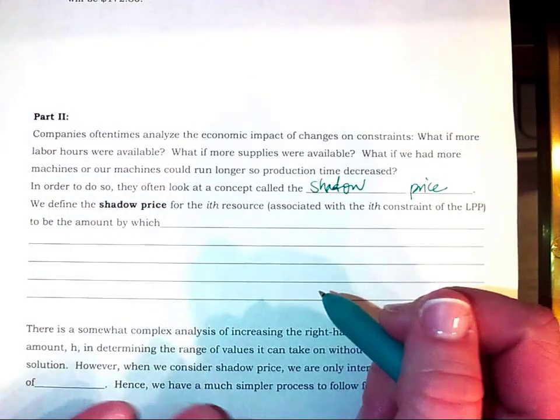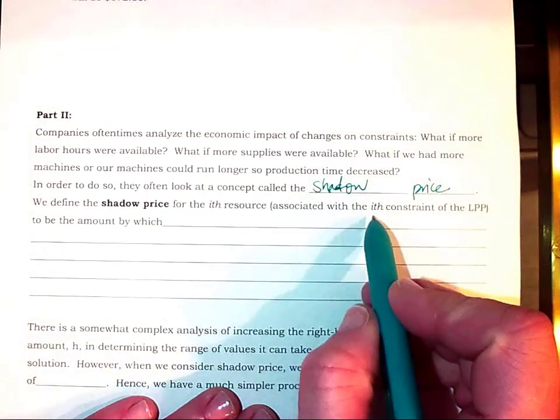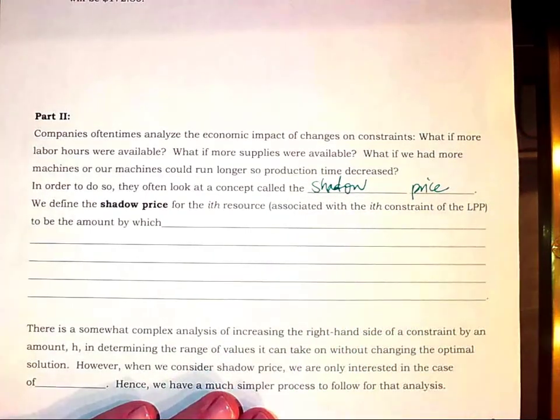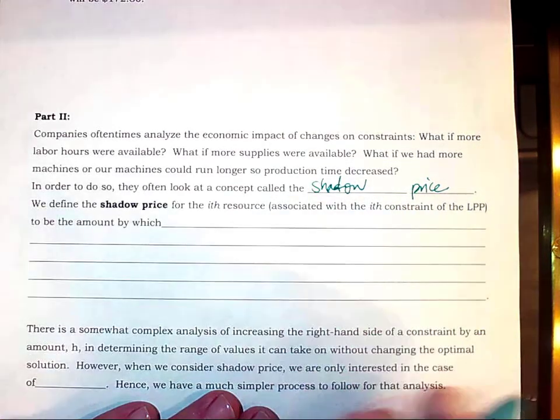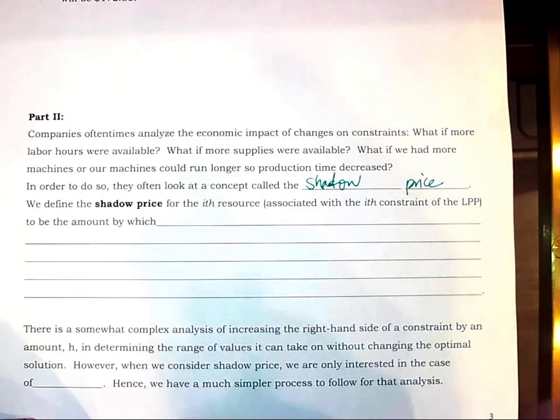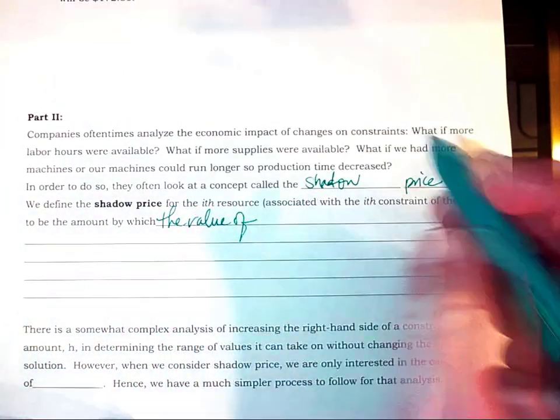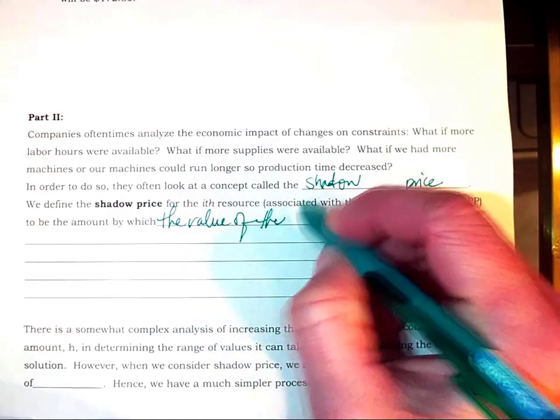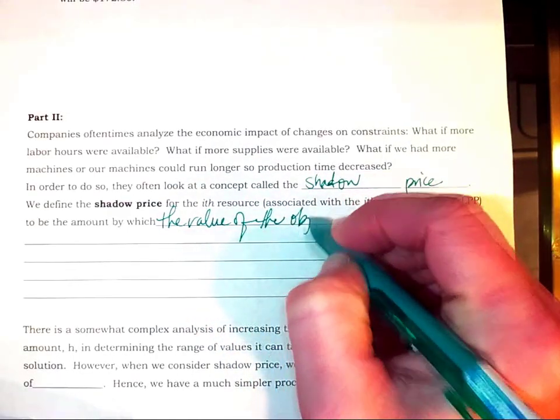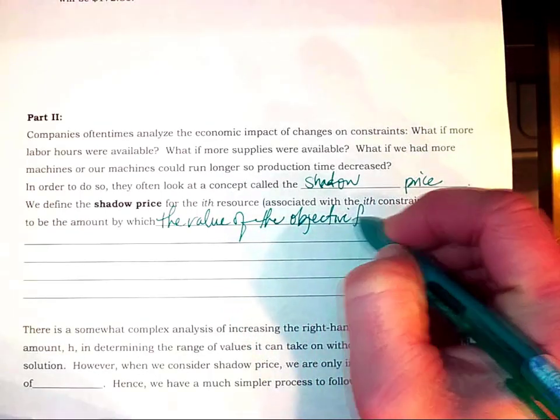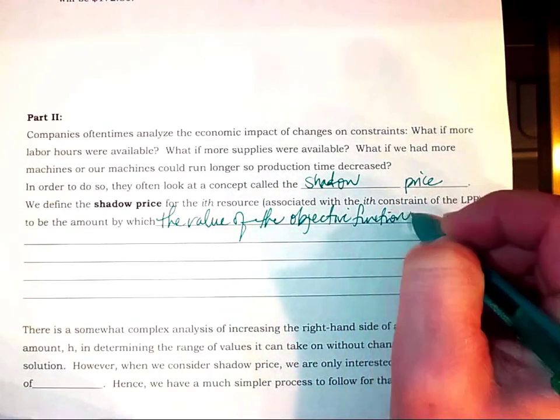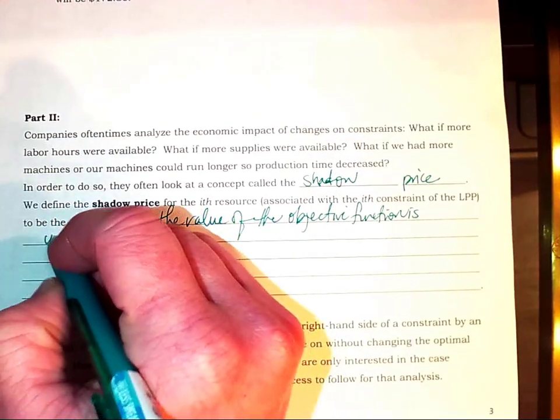We're going to define the shadow price for the ith resource. So this is associated with the ith constraint. Like we have a first constraint, maybe there's a total number of minutes for machine 1, or the second constraint is the number of minutes for machine 2. So that's what we mean by the ith constraint. We define the shadow price for the ith resource to be the amount by which the value of the objective function is improved.